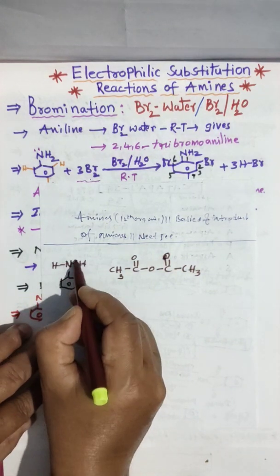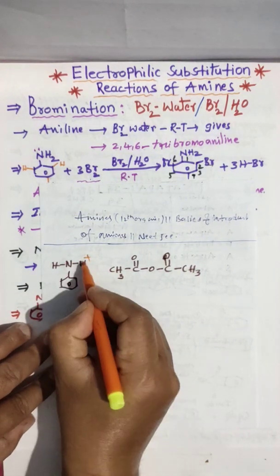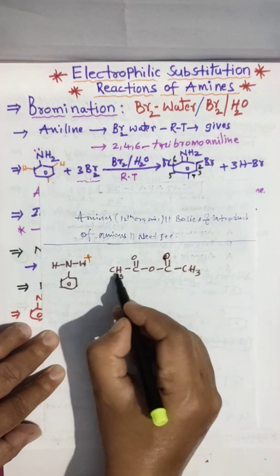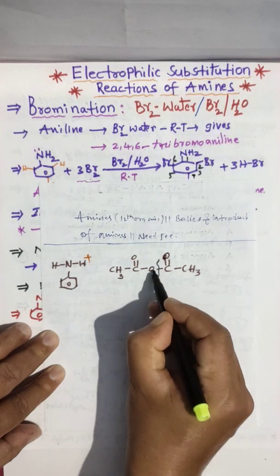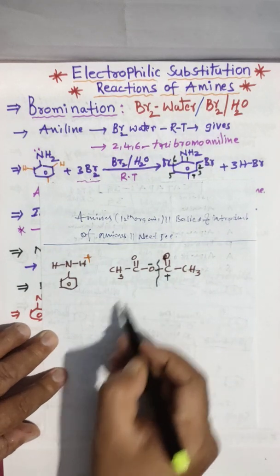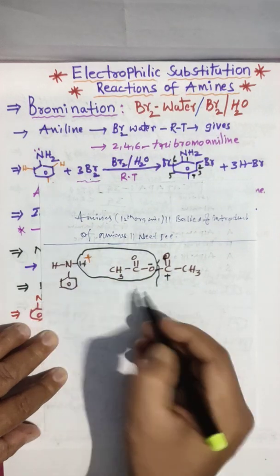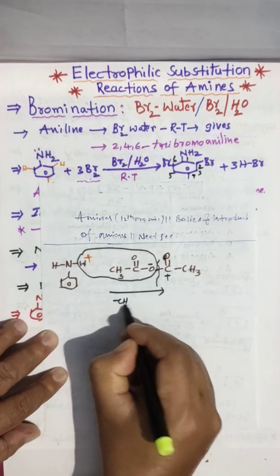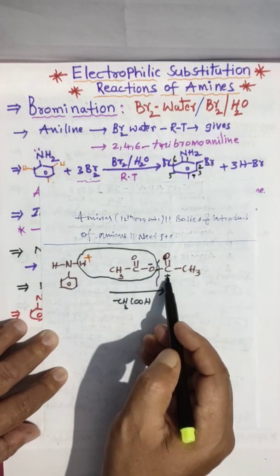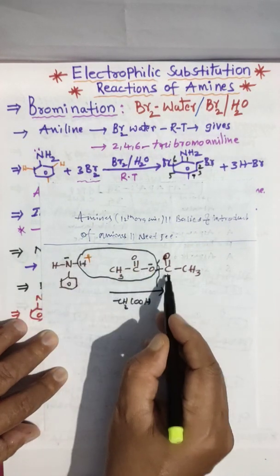So here first this hydrogen is going to be substituted. This hydrogen is plus, and here this bond is going to break, CH3COO. This is minus and this is plus. The CH3COO goes to this hydrogen, and you eliminate CH3COOH. The remaining CH3CO group is plus, and this nitrogen is now minus, and it donates electrons to this group.